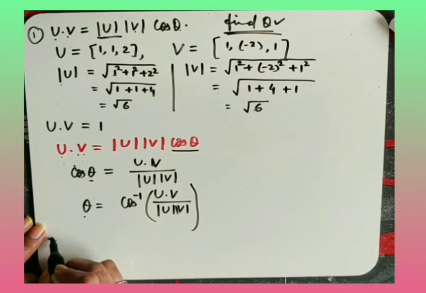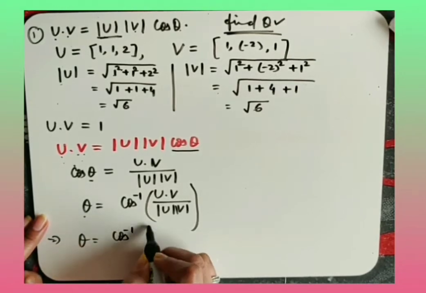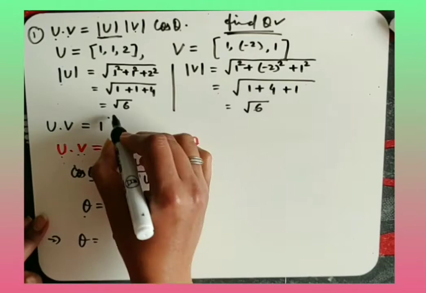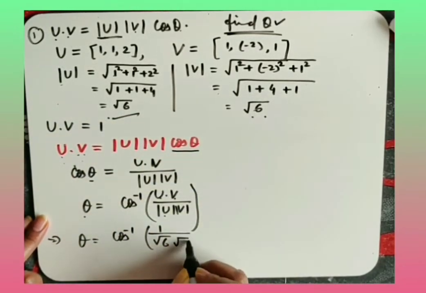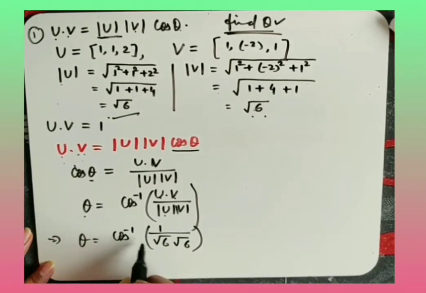Now we will substitute everything here. So theta equals cos inverse of u dot v, which is 1, over the absolute value of u, which is the square root of 6, and the absolute value of v, which is the square root of 6. Now we use a calculator in degree mode.